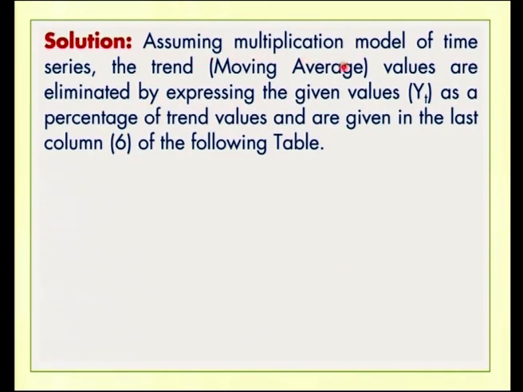In the earlier session, we computed the seasonal index by ratio to moving average where the data was given in terms of months. Again, assuming the multiplication model of time series, the trend moving average values are eliminated by expressing the given values y_t as a percentage of trend values, given in the last column of the following table.